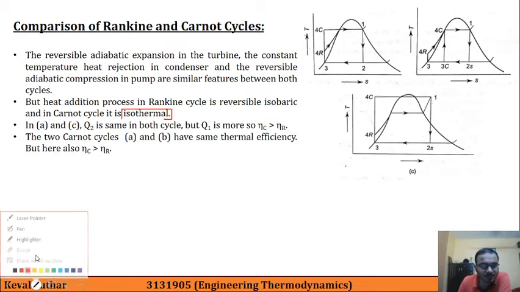If we focus on A and C, then Q2 is the same in both cycles, that is the value of 2-2-3 is the same in both cycles.